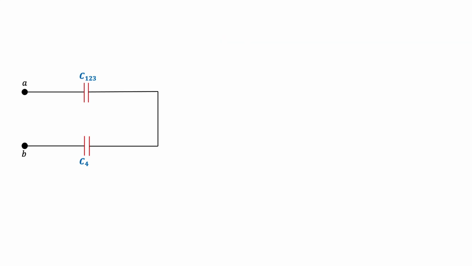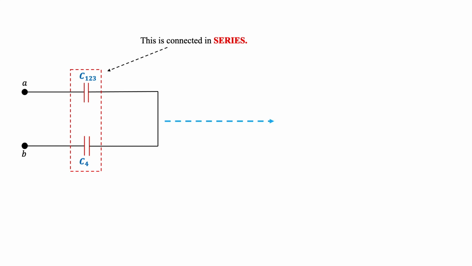Now, this is getting simpler and simpler, but we can further simplify this. This capacitor network can be simplified to look like this. You combine capacitor 123 and capacitor 4, and notice that this is again connected in series. So this will just become a network like this, C1234. We only have one capacitance now.